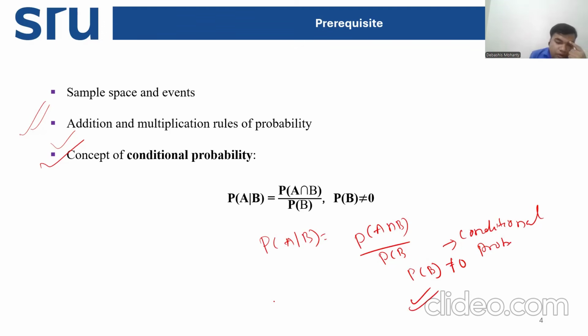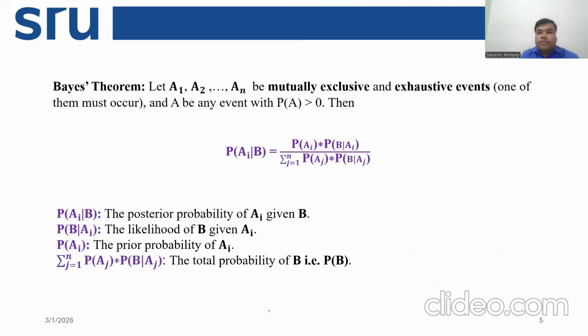But in Bayes theorem, we need to understand the reverse conditional probability. So let's come to our topic, Bayes theorem. This is the definition, students. Let A1, A2, up to AN be mutually exclusive and exhaustive events.